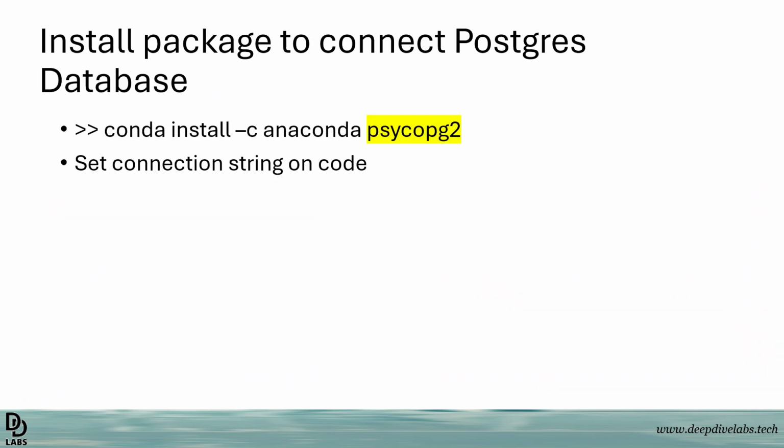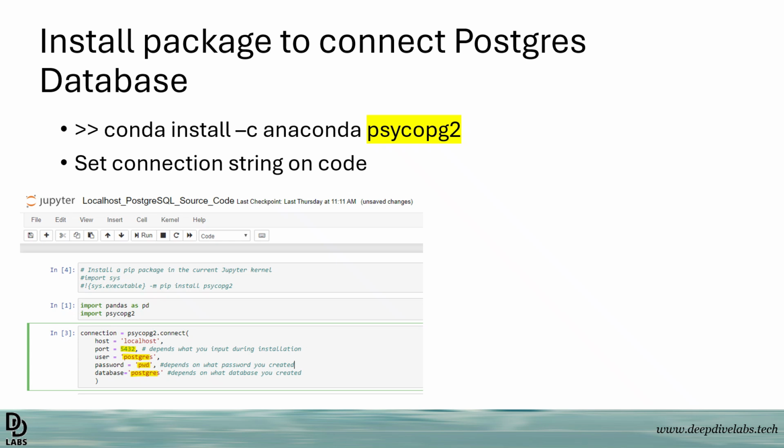Another way to connect, just like your SQLite database, is via Python. In order to connect to Postgres database via Python, we need to install the package psycopg2. So go ahead and do a conda install of psycopg2, and then set the connection string in the code.